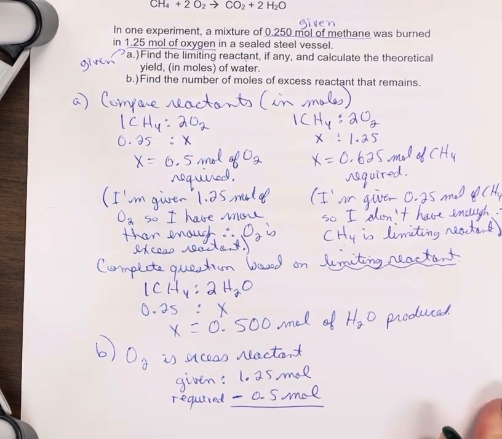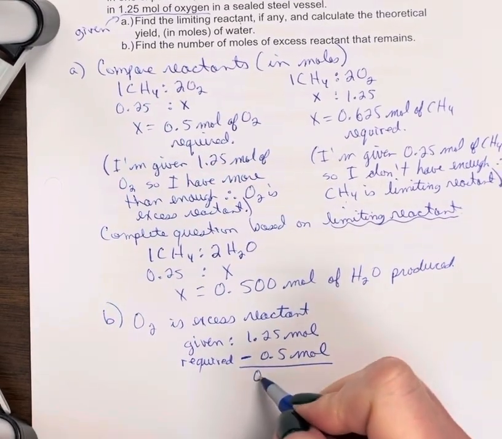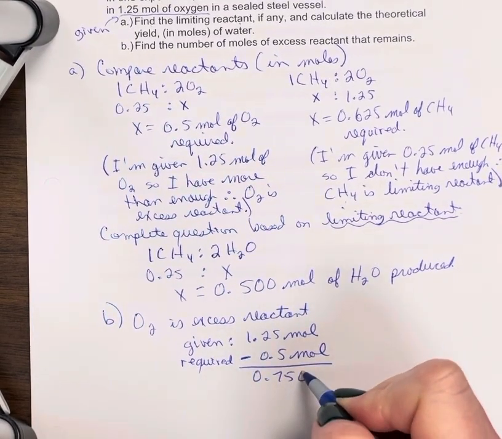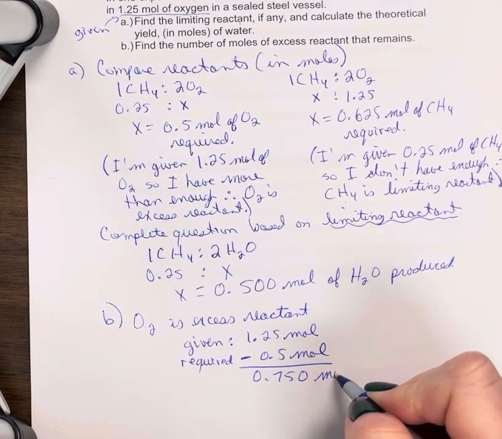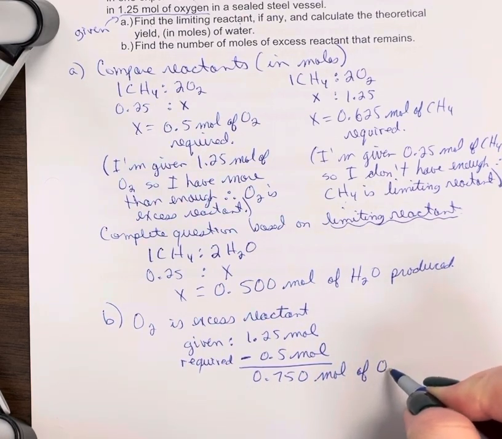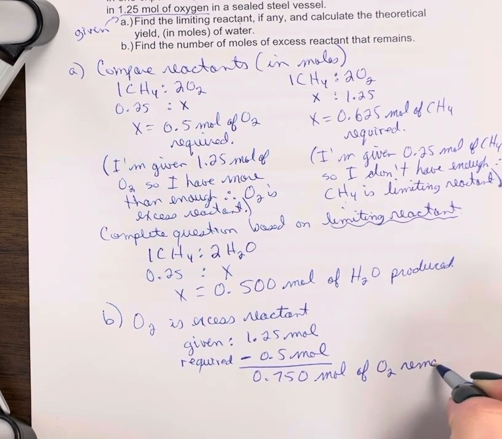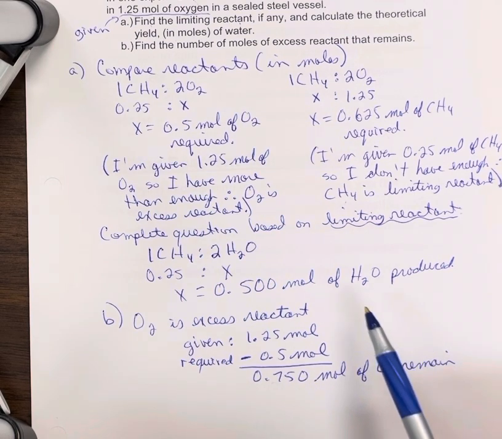When you subtract that, you're going to get 0.750 with 3 significant figures, moles of oxygen remain. I always use the keywords here so we have that much remaining. The previous one, produced, is the keyword that you're going to want to use.